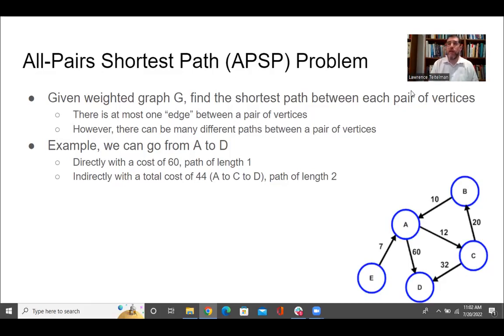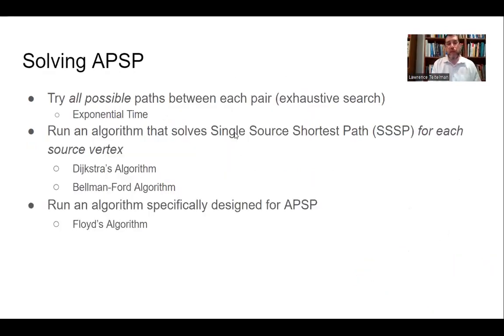Maybe it's not factorial, I can choose which ones. So we're talking about something in the exponential to factorial range. Okay, so that's very expensive. It turns out, though, we can use dynamic programming to solve this problem.